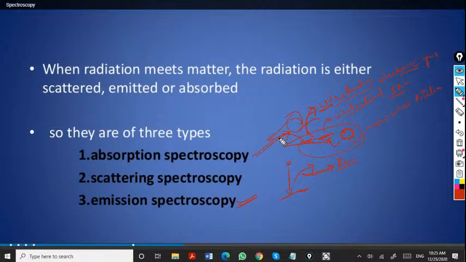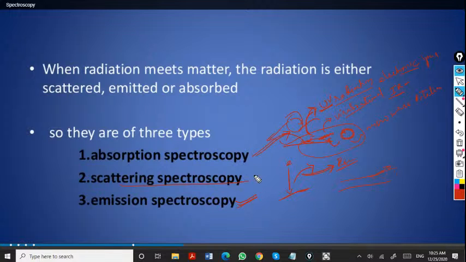Then comes scattering. Scattering is nothing but when a light beam is passing and if any small particles are there, they are going to scatter the light. It means they reflect not exactly at 180 degrees, but with some angle, so it is like deviating part of the light, which makes the particles glow or scatter.